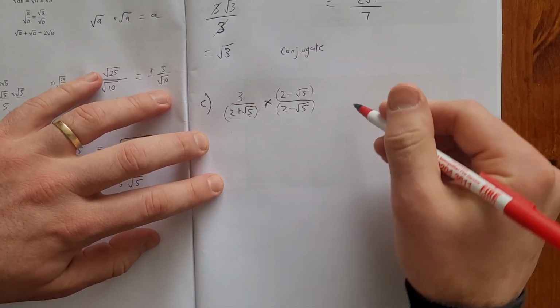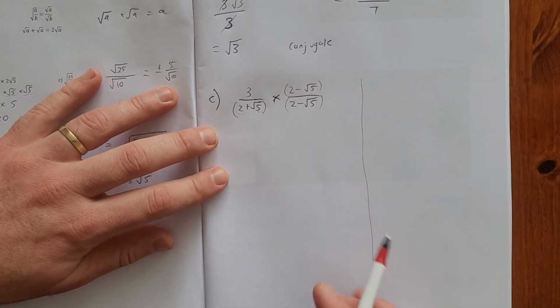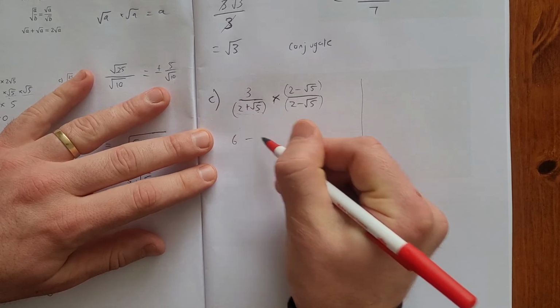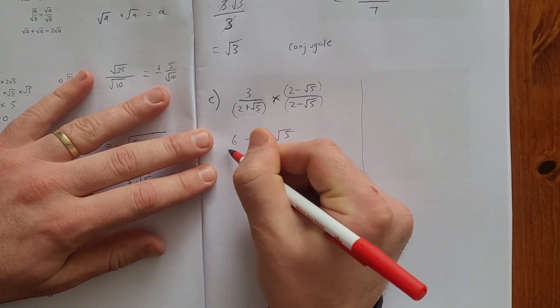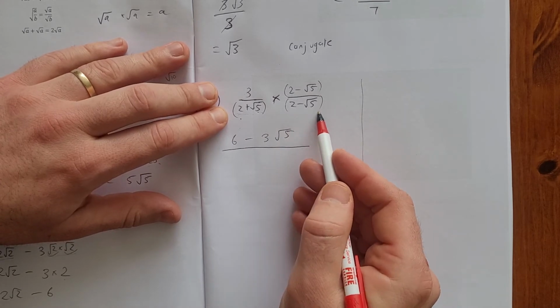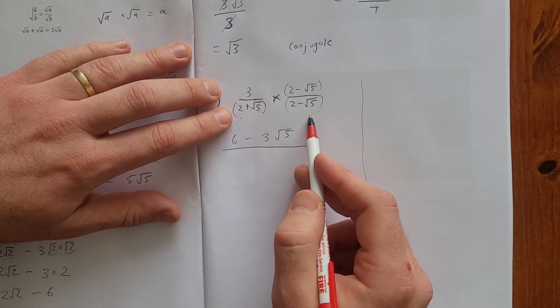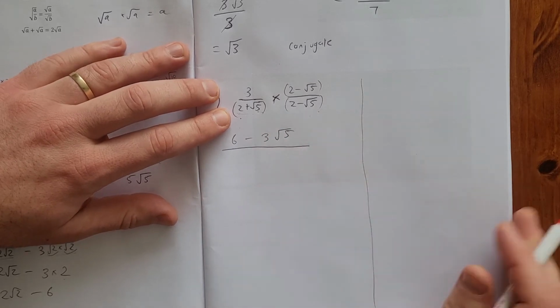That's going to be, and I might just split this page here so we can do D here. That's going to just distribute, so we'll have 6 take 3 root 5 at the top. And then at the bottom, we've got 2 plus root 5 times 2 take root 5. Now, you could go ahead and perform that using FOIL, but I'm going to show you guys a quicker way.